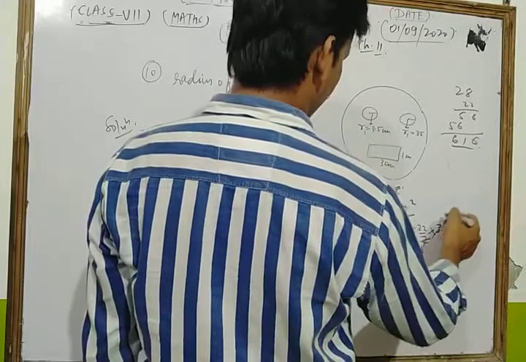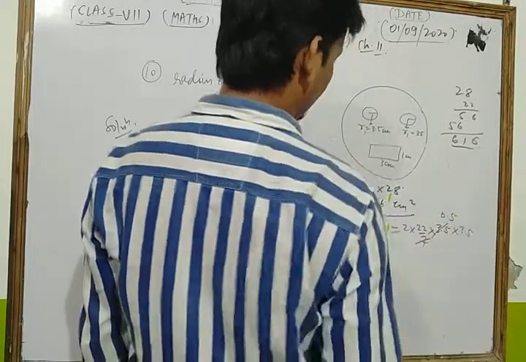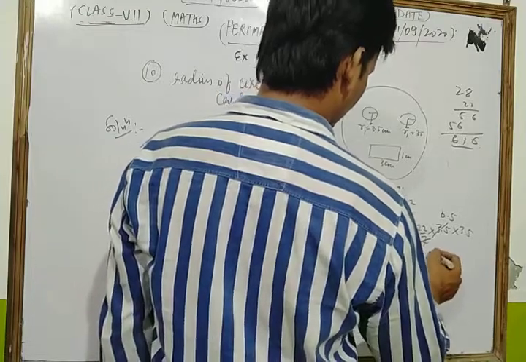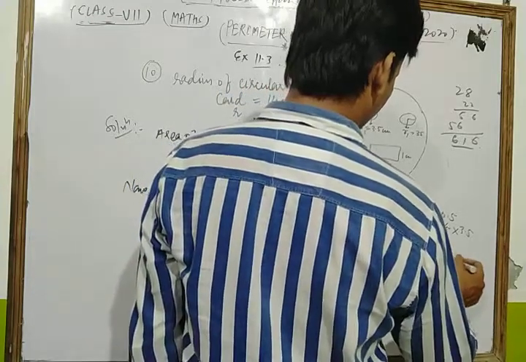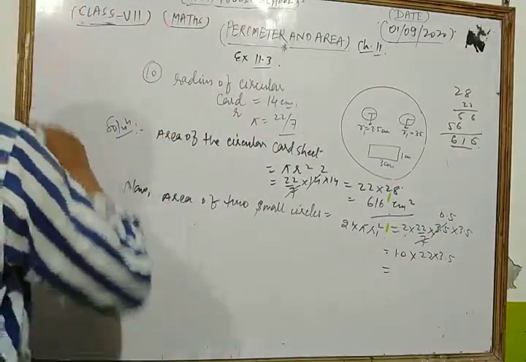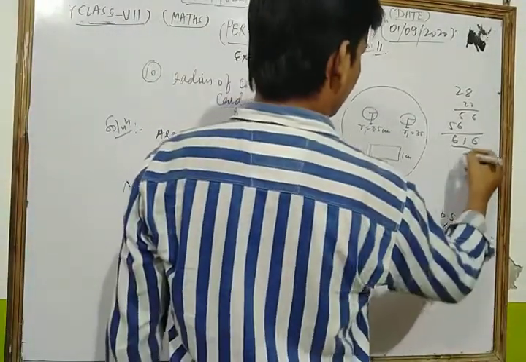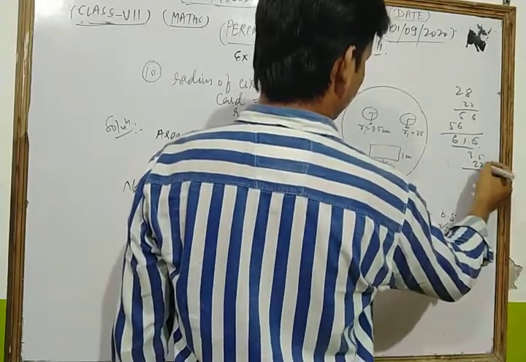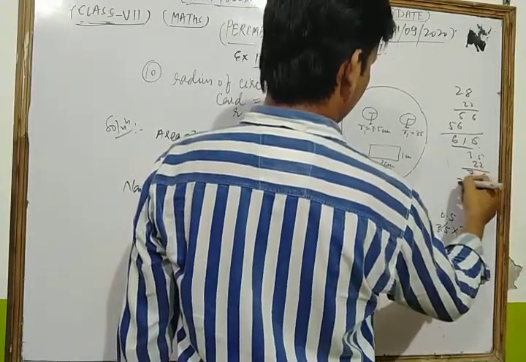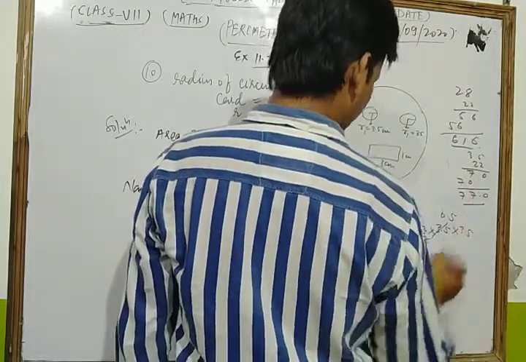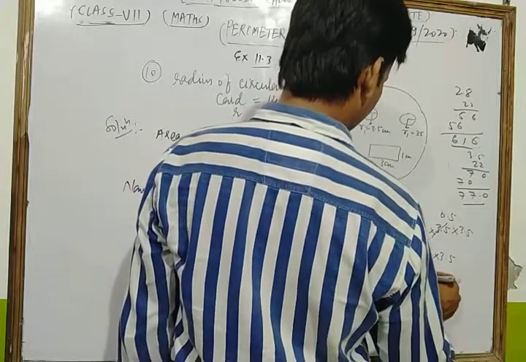So 7 fives are 35, and cancelling, we are left with 22 into 3.5. Multiplying 3.5 into 22, we get 77 centimeter square.